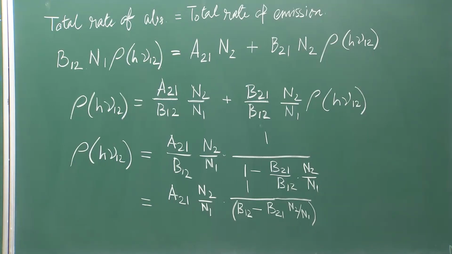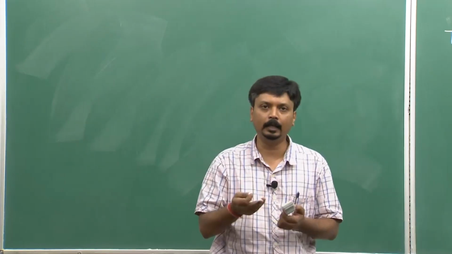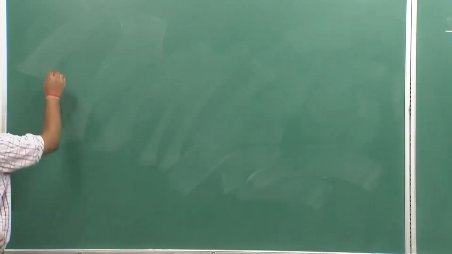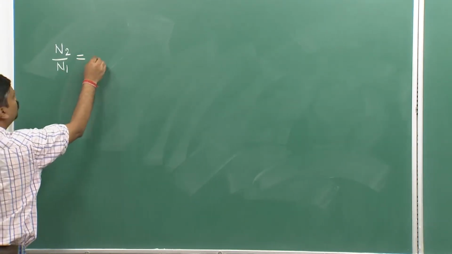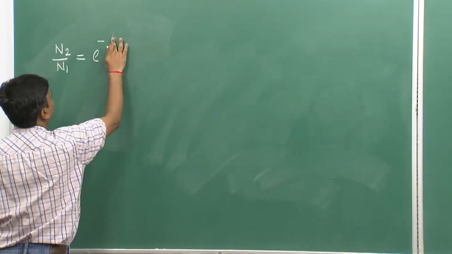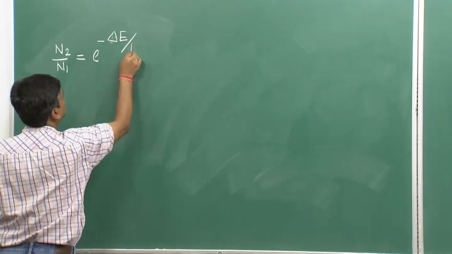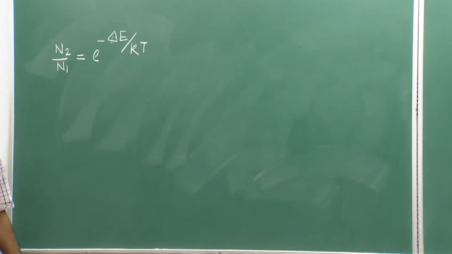Now, if I know the Boltzmann distribution of partitioning the number of atoms in different energy levels, then for our two level system, N2 by N1 is equal to e to the power minus delta E by kT, where k is the Boltzmann constant.